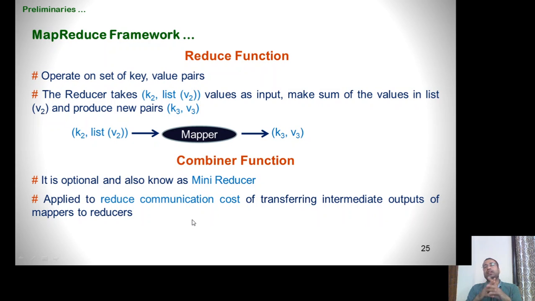Suppose there are n data blocks and we have only 3 machines. It means that on one machine more than one map function, more than one mapper, will be executed; n by 3 mappers will be executed on each machine.